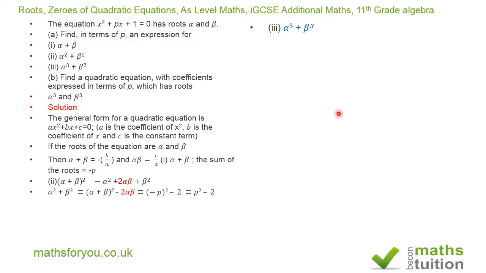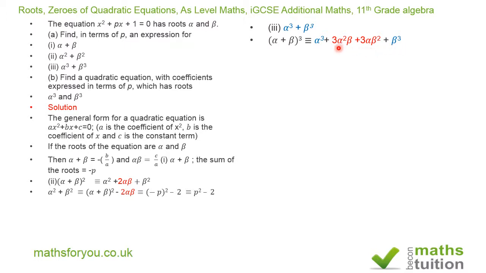Okay, now following the same trend, we're looking for alpha cubed plus beta cubed. There's another method of doing this, but if we say alpha plus beta all cubed, and we expand this expression, we end up with alpha cubed plus 3 alpha squared beta plus 3 alpha beta squared plus beta cubed.